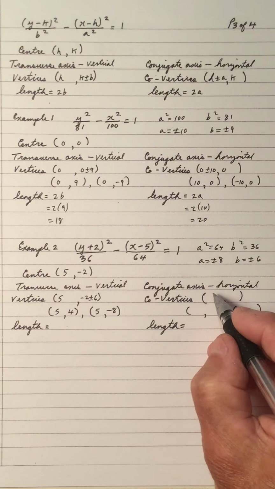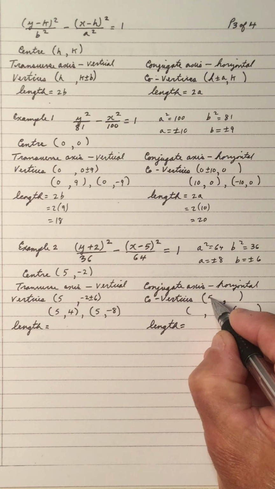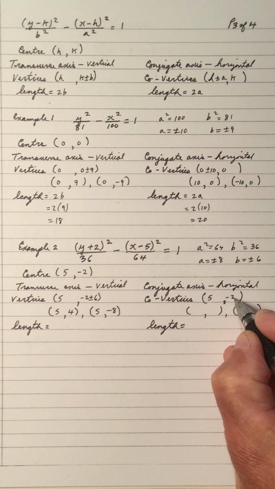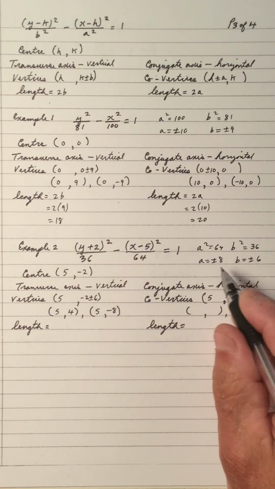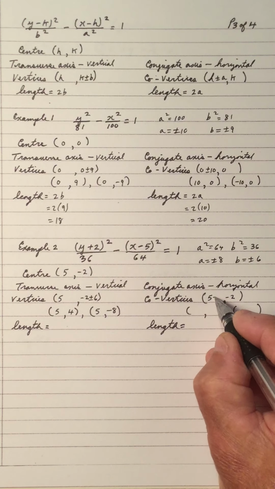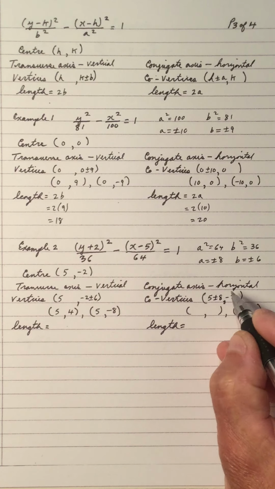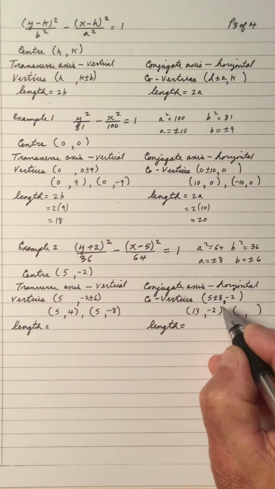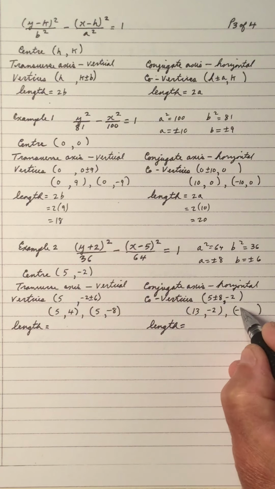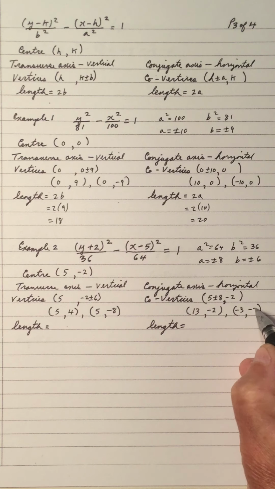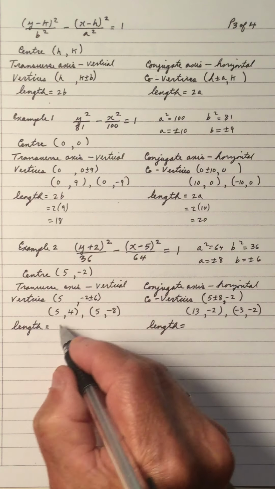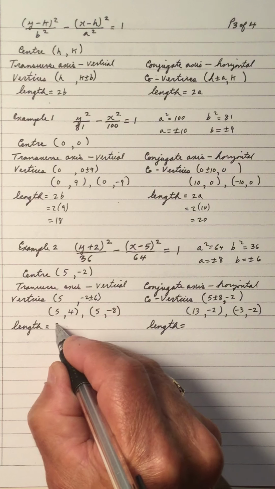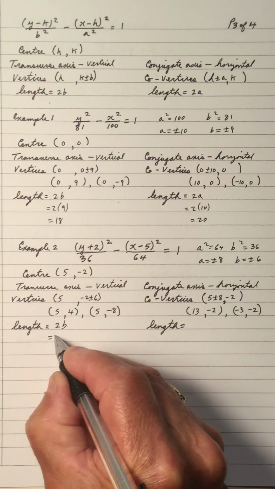And the co-vertices, again, the center is 5, -2. But because it's horizontal, the values of a are added to the x, so it's plus or minus 8. So 5 plus 8 is 13, comma -2, and 5 minus 8 is -3, comma -2. And because it's vertical, the length of the vertical axis is 2b.